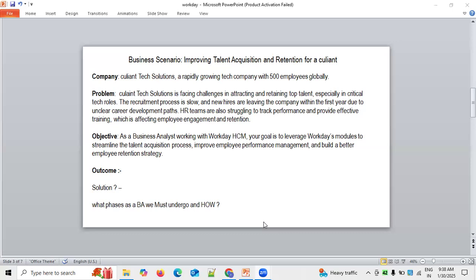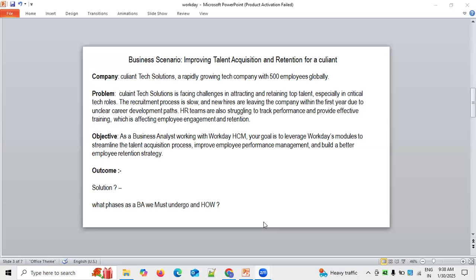So for this, what outcome do you want to achieve? What solution are we going to achieve out of this? Followed by this, what are the different phases we as business analysts must undergo? Because as a BA, we act as a liaison between business and technical communities, hence we must perform that as well. That is also essentially important, right?